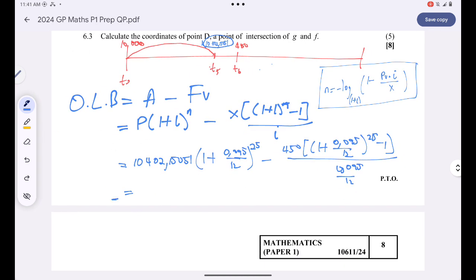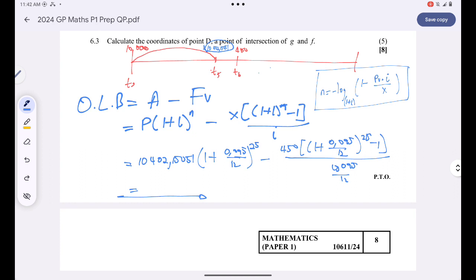If I find an amount of money which is greater than 450, that means I would be wrong. 10402.15051 multiplied by (1 plus 0.095 divided by 12) to the power 25, minus 450 multiplied by ((1 plus 0.095 divided by 12) raised to the power 25 minus 1), and then this is divided by 0.095 divided by 12.